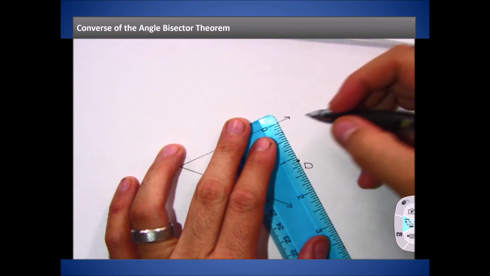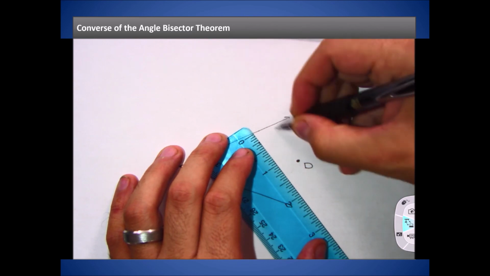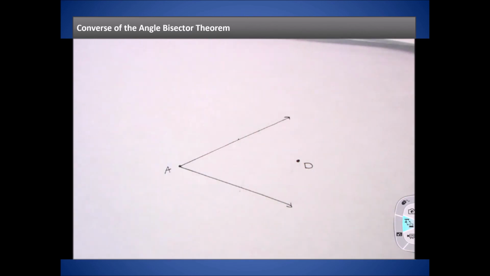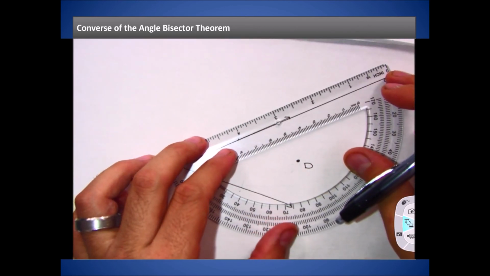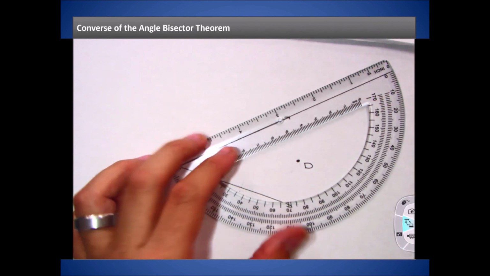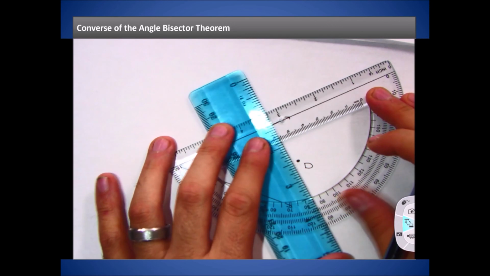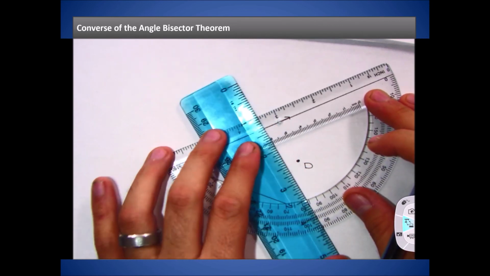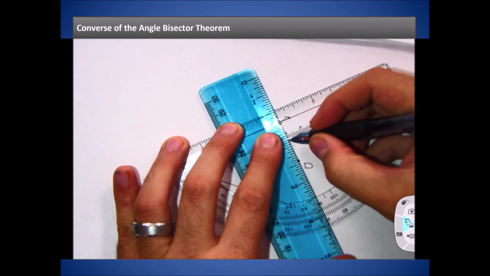So we'll measure that distance. We know it's going to be at a right angle, so let's make sure this is lined up here at this right angle. Okay, kind of like that.